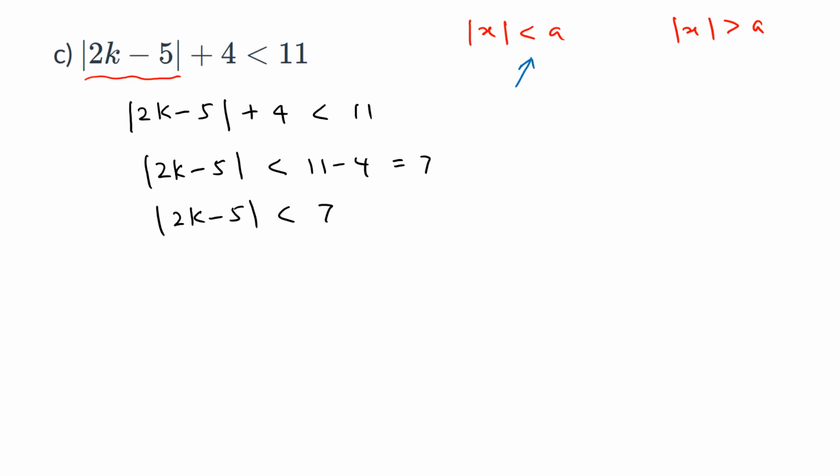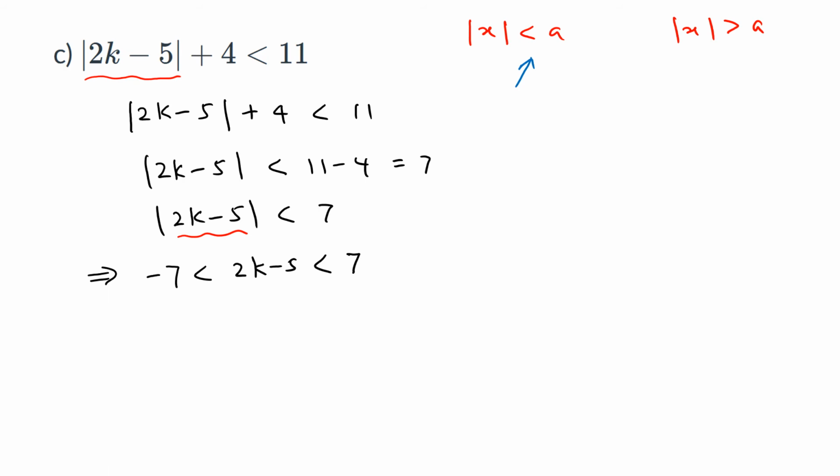That means we can use the theory right now. This number has to be between negative 7 and positive 7. So this directly implies that negative 7 < 2k - 5 < 7. Now we can add 5 to both sides.